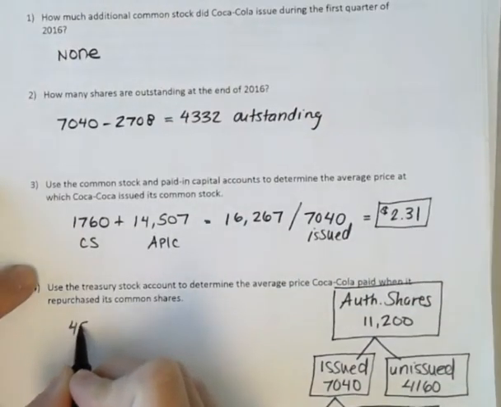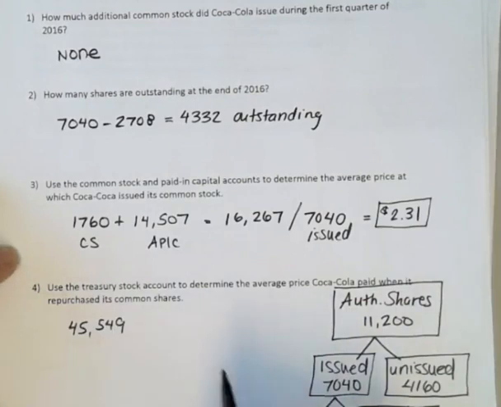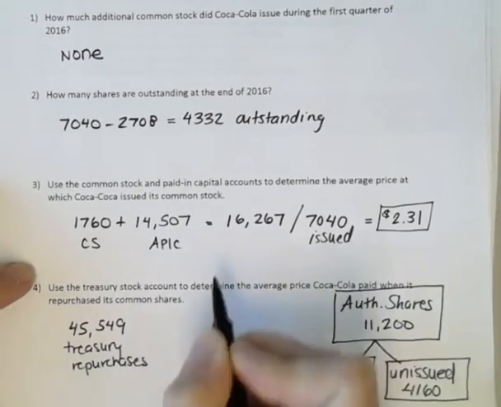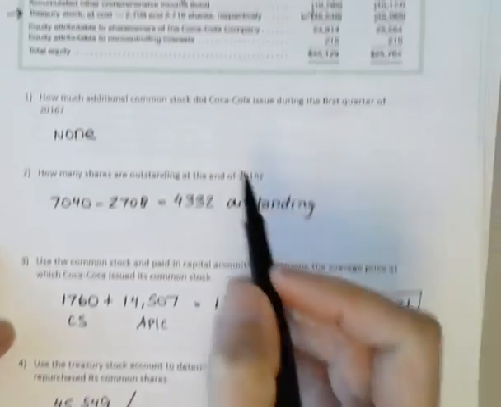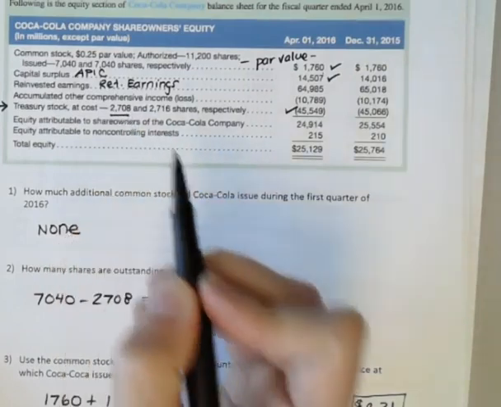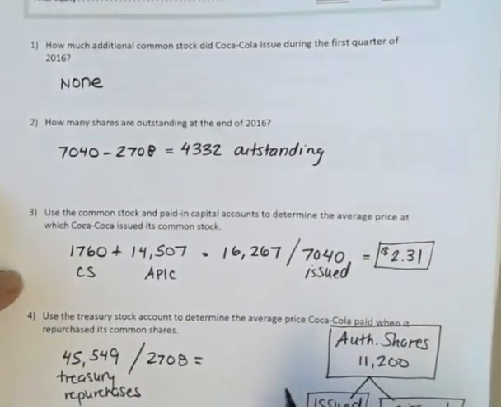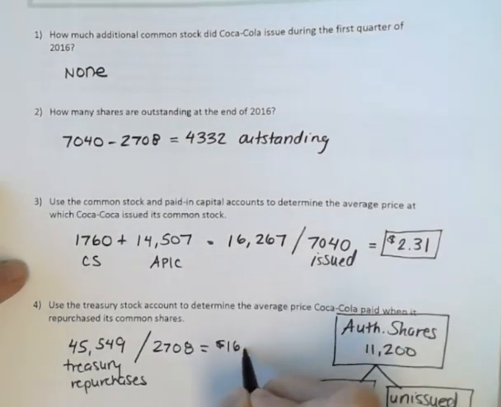So if I take 45,549 for the value of their treasury repurchases, divide that by the number of shares that they have repurchased, the quantity 2,708, I get an average repurchase price of $16.82.